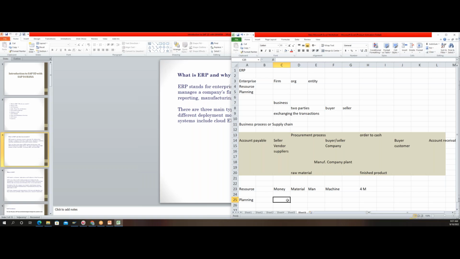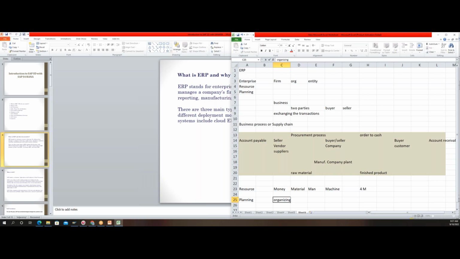So what does it mean? It is as simple as organizing. Planning is nothing but organizing. On an enterprise level, you organize it well. Now, say for example, your customer is coming with an order of 1,000, and if you do not have the 1,000 stock available in your inventory, you cannot keep quiet, or you cannot say, I don't have the stock.